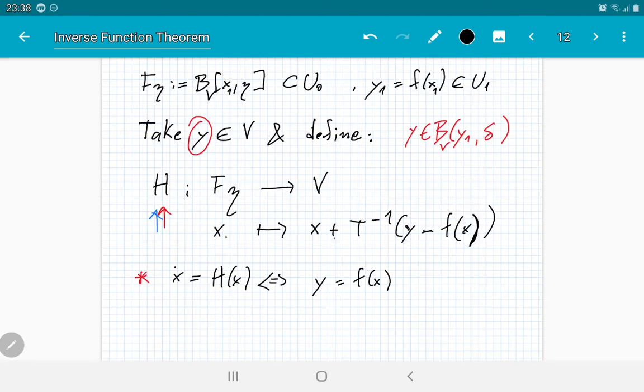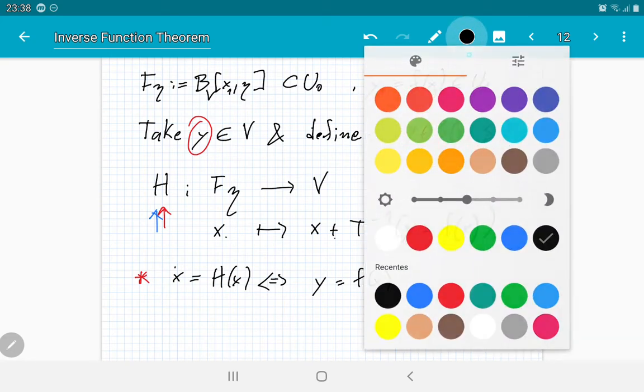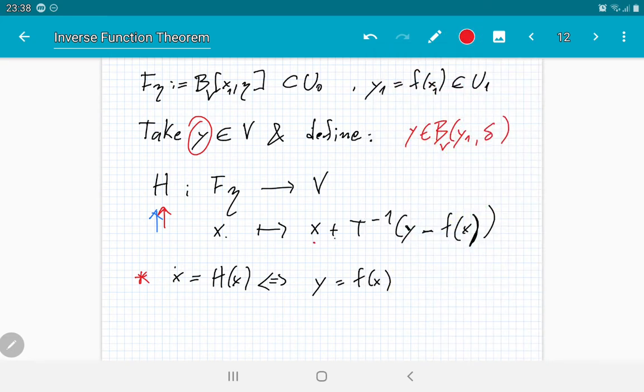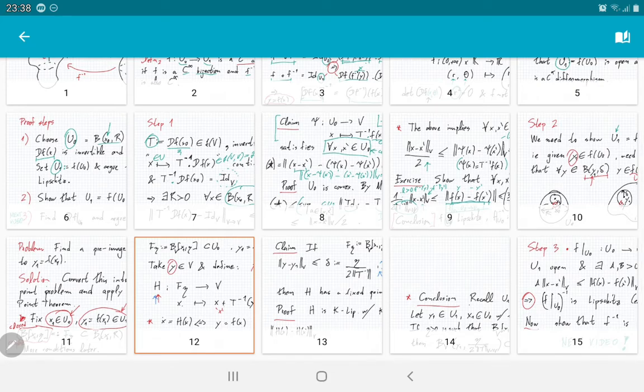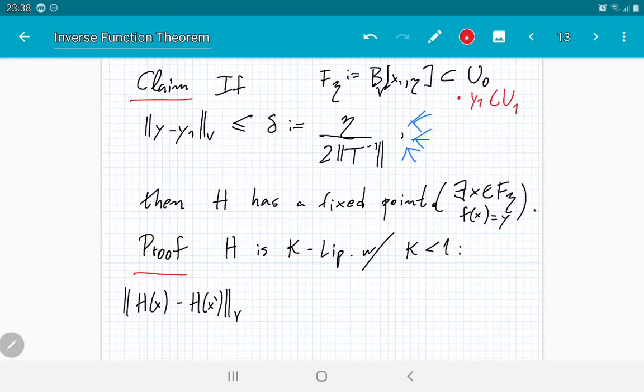Going back to the formula, I look at the difference: y is going to cancel, and I have plus f of x prime. So that's going to be exactly x minus x prime minus (t minus 1)(f of x minus f of x prime).